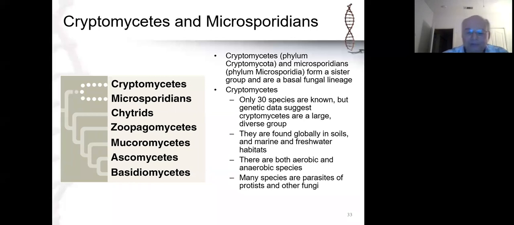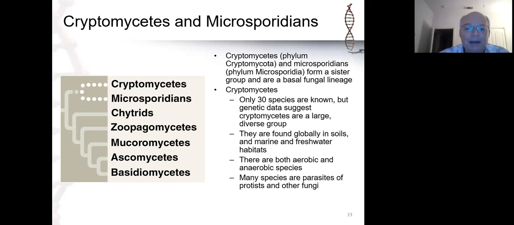The actual number of cryptomycetes in the environment is uncertain. 30 species have been described, so we say that 30 species are known. But one of the ways that people explore environments for the presence of new organisms is not to look for the organisms themselves, but look for their DNA signatures.